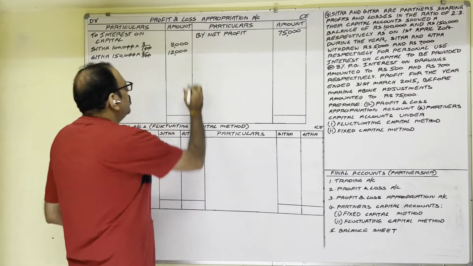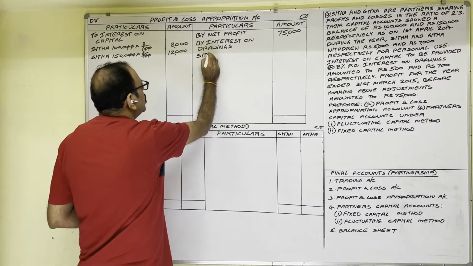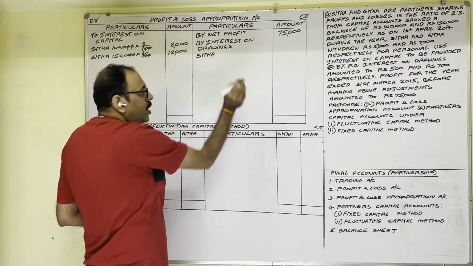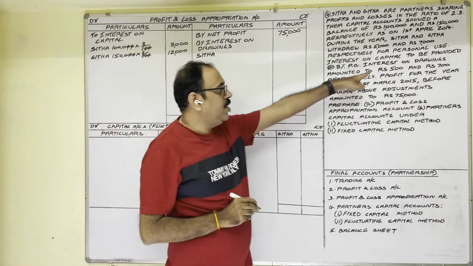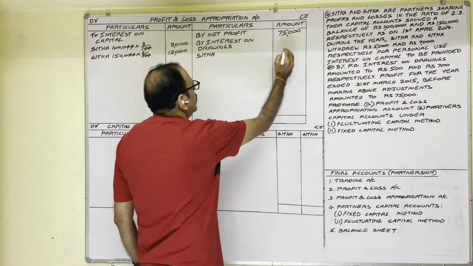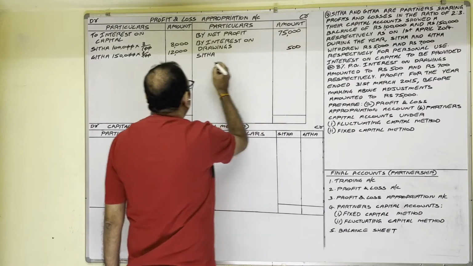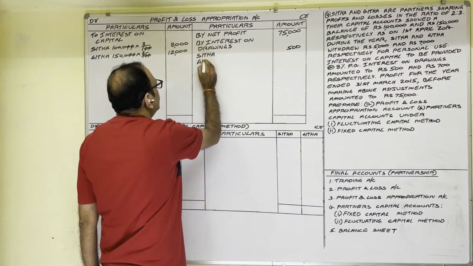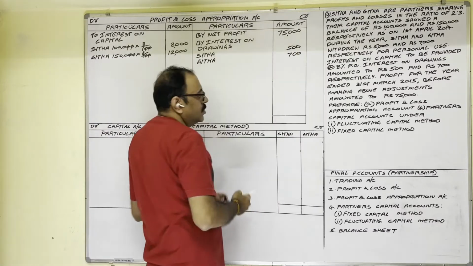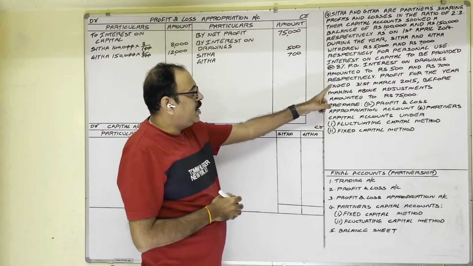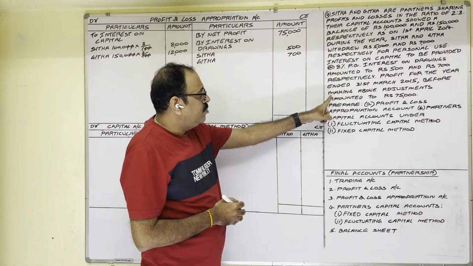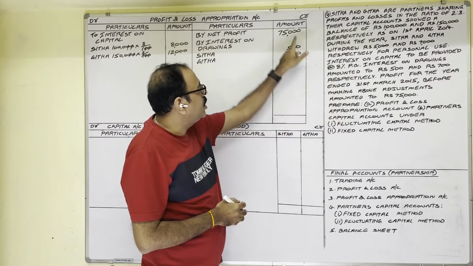By interest on drawings, Sita's interest on drawings: no need to calculate because the direct amount is given, 500 rupees. In the inner column you can write and add both, but I am writing in the outer column only. Geeta, 700 rupees. Continuation: profit for the year ended 31st March 15 before making the above adjustments amounted to 75,000.